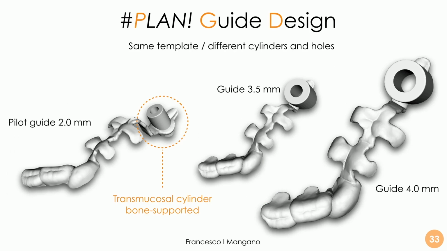And these guides have the characteristic of being composed of a very simple structure connected with a cylinder, and this cylinder is absolutely the perfect way to guide the drill, because the cylinder has the perfect height for that specific drill and the perfect diameter. So there's no need to use long drills, no need to use stops, no need to use reducers for the diameter.